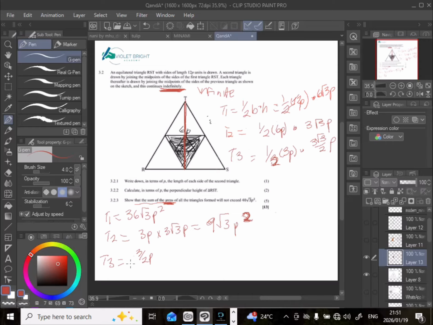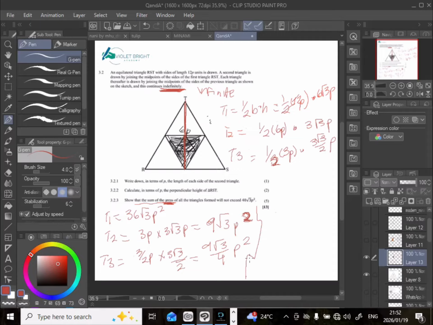It's 3 over 2 multiplied by 3 root 3 over 2. Let's check in the calculator. The full answer is 9 root 3 over 4, in p squared.